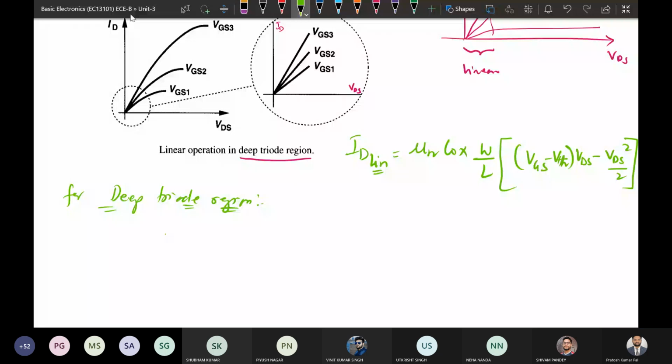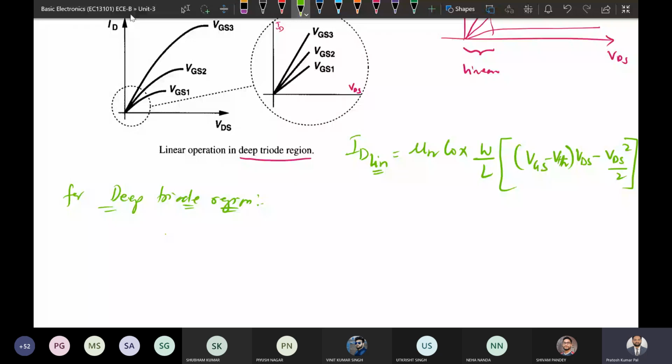So here the resistance will be voltage divided by current. So from VDS by ID, we get 1 by mu n Cox W by L, VGS minus VTH.